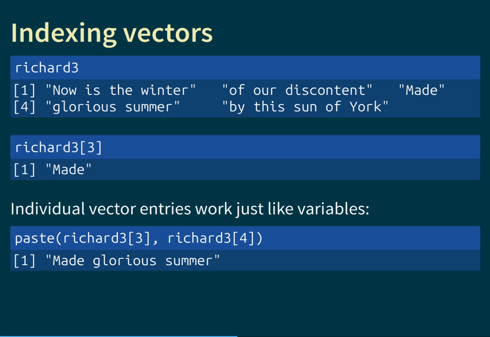So if we apply this paste function to the 2 inputs, which are the third entry of the vector Richard 3 and the fourth entry of the vector Richard 3, then since the third entry, as you can see at the top, was made, and the fourth entry was glorious summer, then when we paste them together, we merge those strings, we end up with the single string made glorious summer.